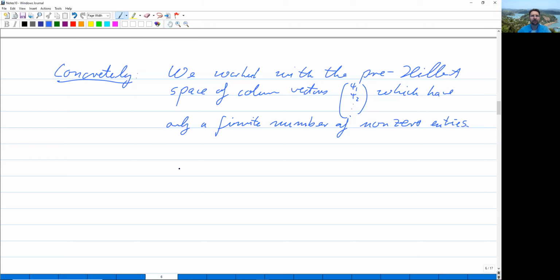I lost some data. Okay, so what we needed to do is to add this vector 3, 0.1, 0.01, etc. to our H. So you may wonder, okay, so we've made our complex vector space, our inner product or scalar product space, a bit larger by adding this one vector to it.